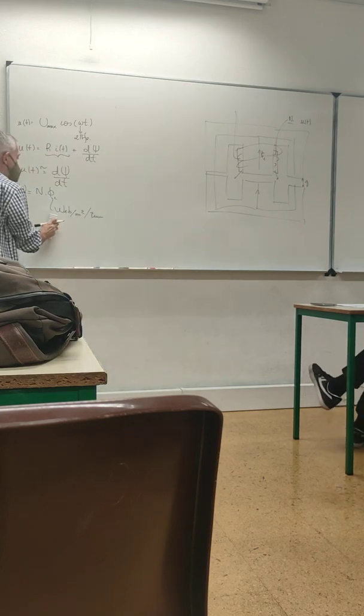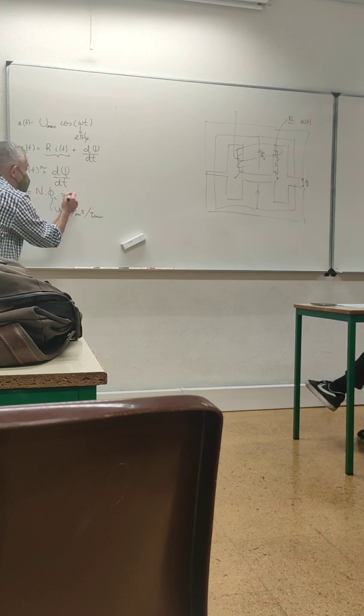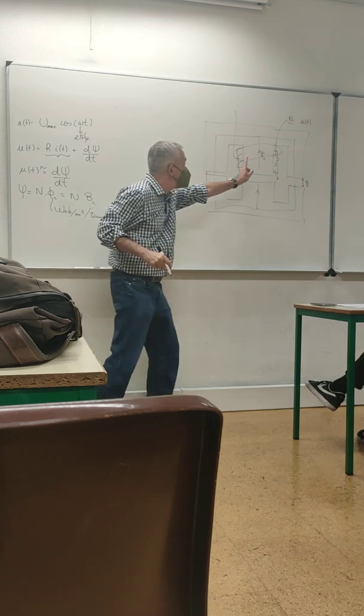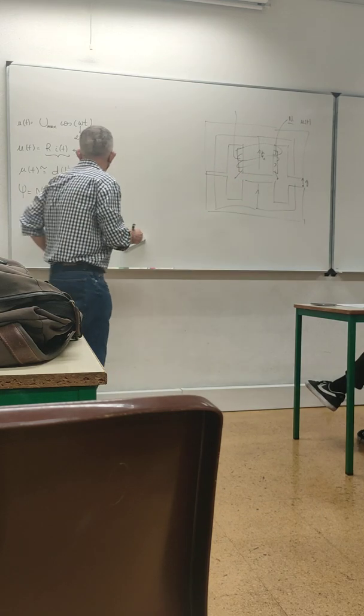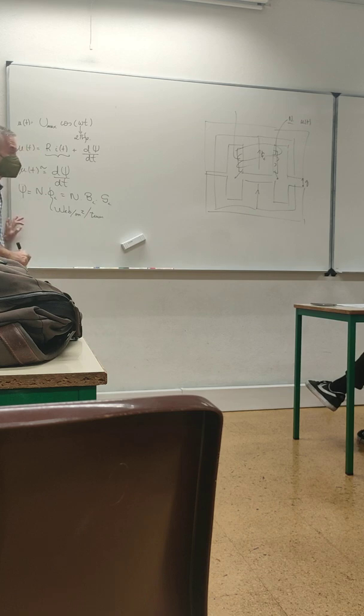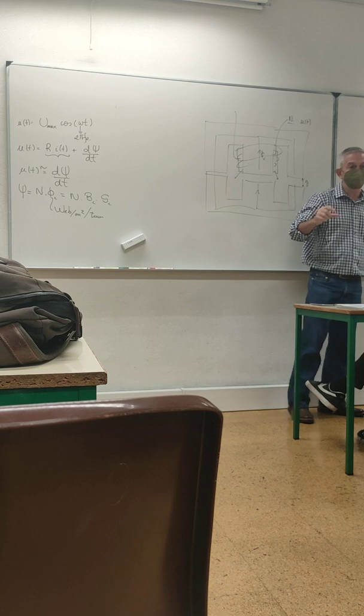Follow me. So, I want to know this. Why? Because if I know this flux, I know that this flux is your B times the cross section. Of course, remember, the cross section is considering the stacking factor.